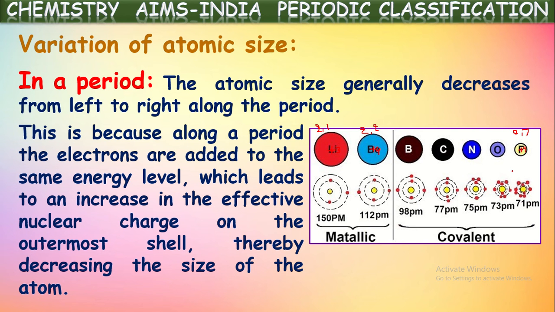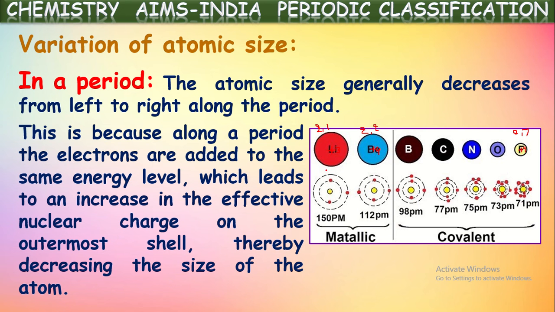So what we observed here is that from left to right in a period, the number of electrons in the valence shell increases, and along with that, the positive charge in the nucleus also increases. Thereby, the attraction between the outermost shell and the nucleus increases, and hence the size shrinks, or the size of the atom slowly decreases.